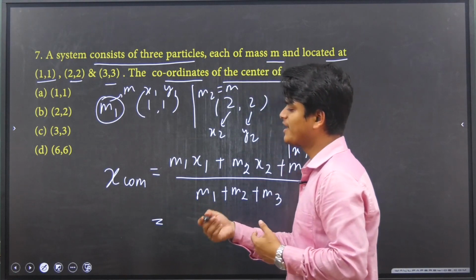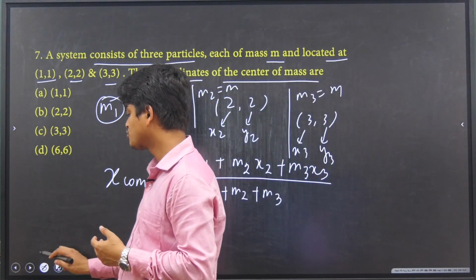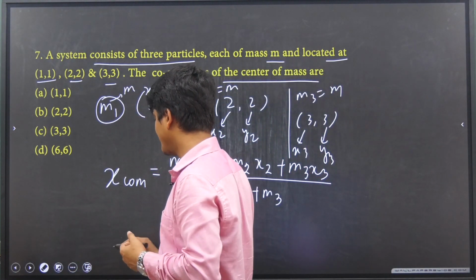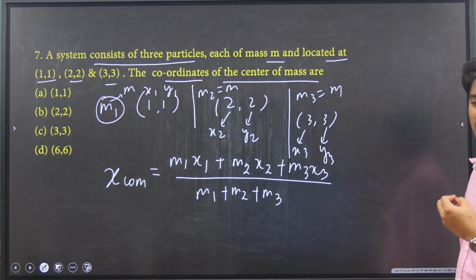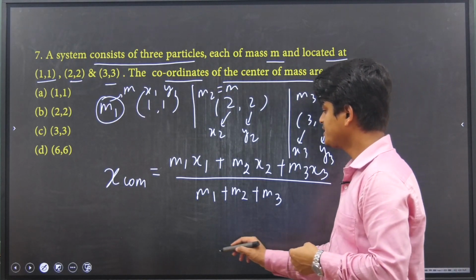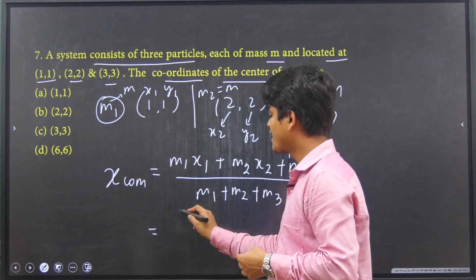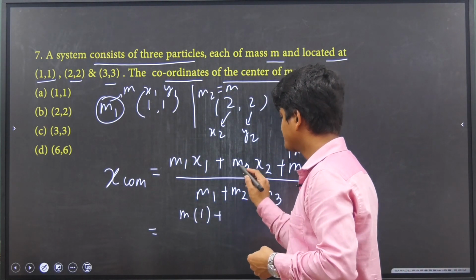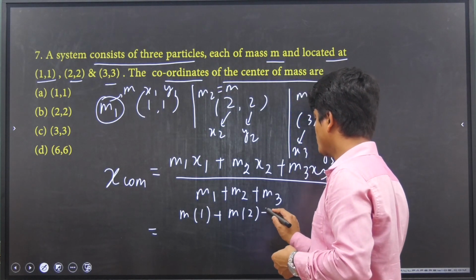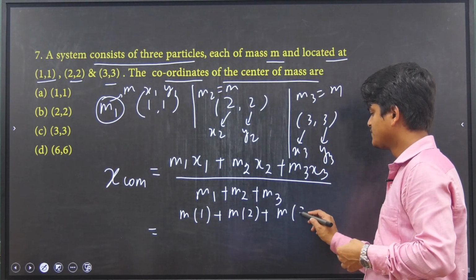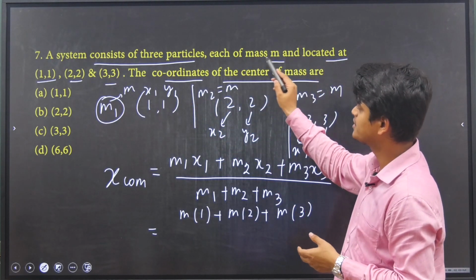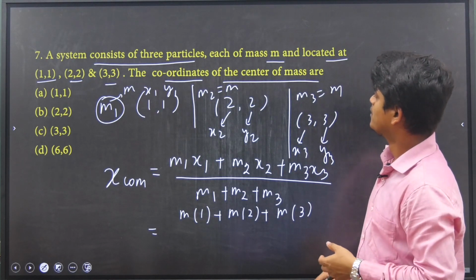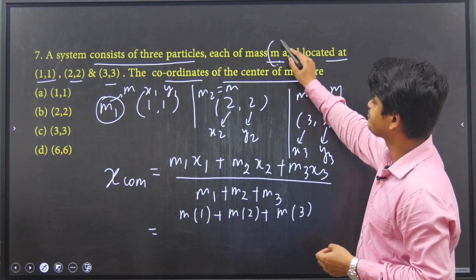Now YCM I can calculate in a similar way, but let me first calculate XCM, and then YCM. Now XCM is what? For m1 I put m1, plus for m2 I put m2, plus for m3 I put m3, because m1, m2, m3 are all equal mass, since they mentioned 3 particles each of mass m.